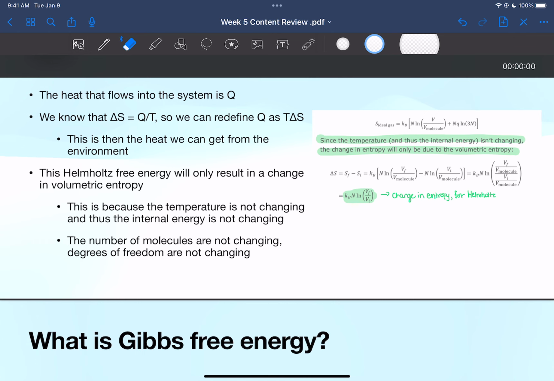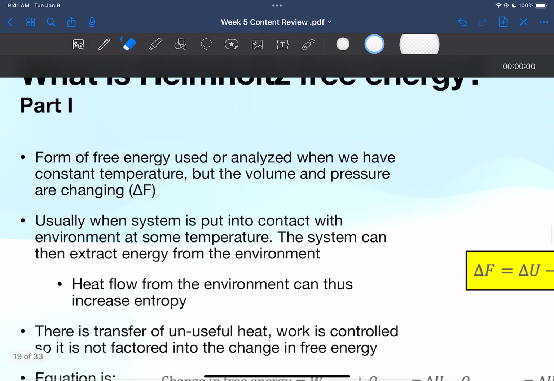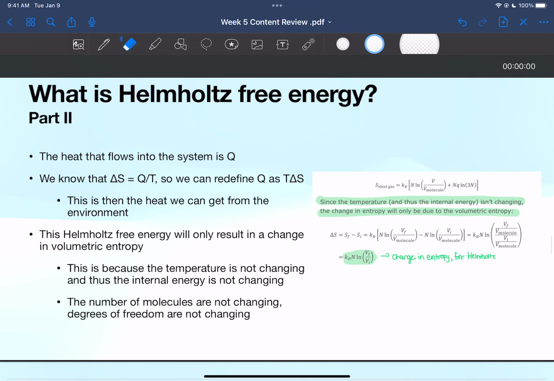Because in the Helmholtz free energy process, the volume and the pressure are changing, and so if the volume is changing, your volumetric entropy has to change. Volume is changing, it's in the name, volumetric entropy. Volume has to change, but considering temperature is constant, your energetic entropy is not changing.